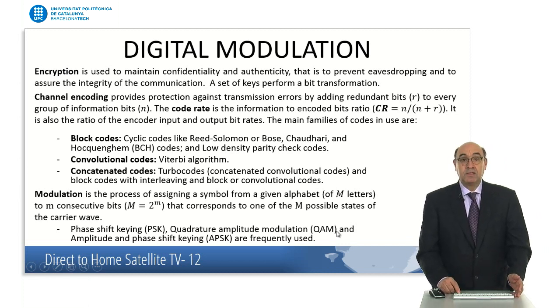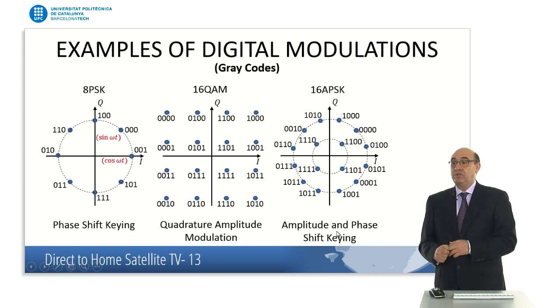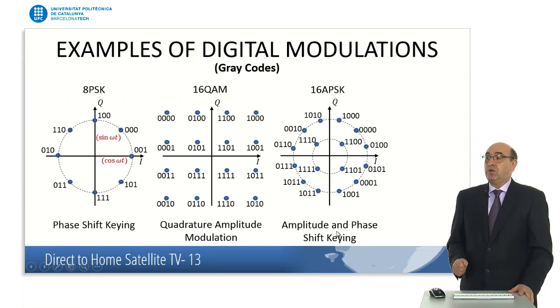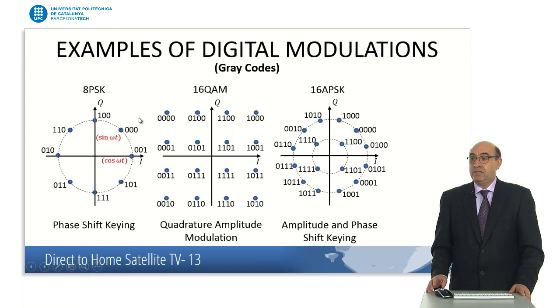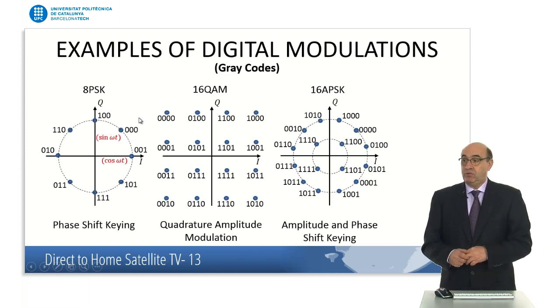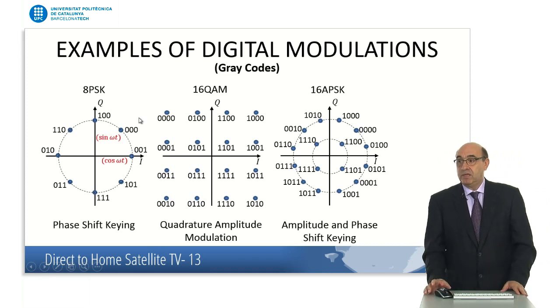And in the next picture, you have a graphical representation of those modulations. The first number, in this case 8, means we have 8 states. That means that you have 8 symbols, 8 modulation states. And each one is associated with 3 bits.